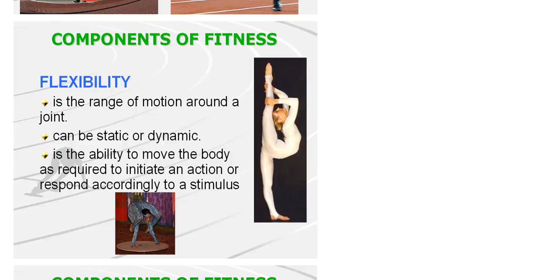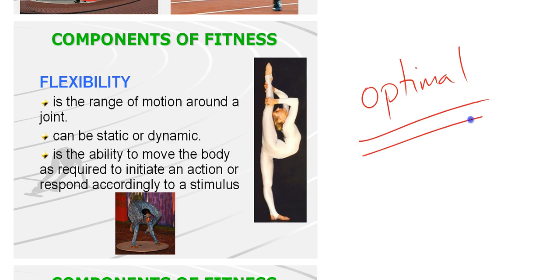Now, for flexibility, the word that we want to use here is optimal. So to be able to do a split leap, meaning that if you jump in the air, you have one leg at the back and one leg at the front. That may be an optimal level of flexibility through the hips, hamstrings and quads for a gymnast.